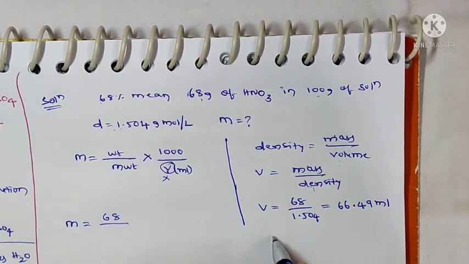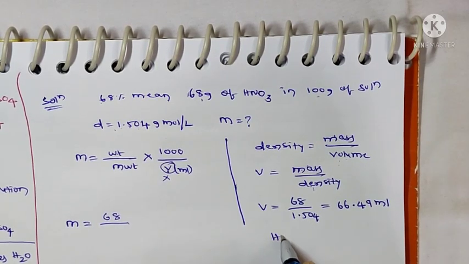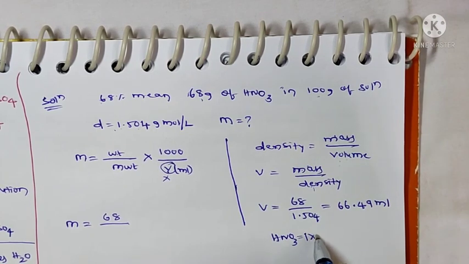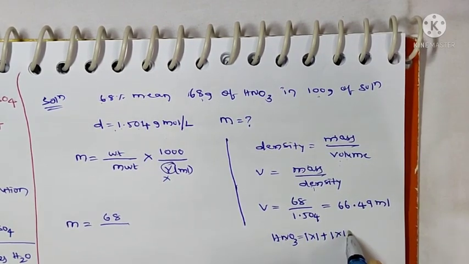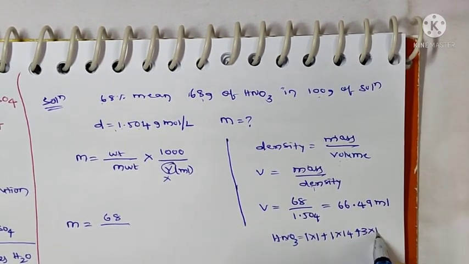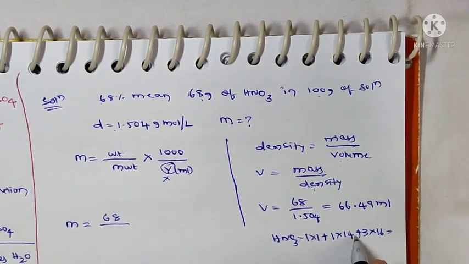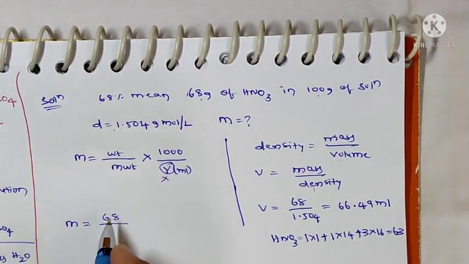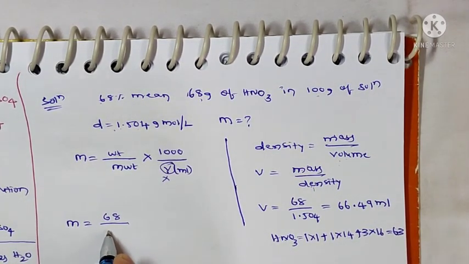The molar mass of HNO3 is 1 hydrogen, 1 into 1, plus 1 nitrogen, 1 into 14, plus 3 oxygens, 3 into 16. If you do this calculation, we will get 63 grams per mole. So the molar mass of nitric acid is 63.